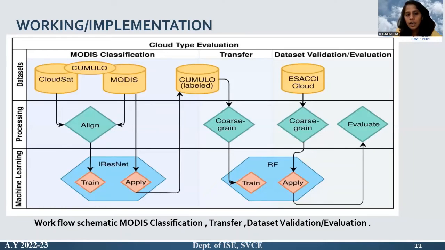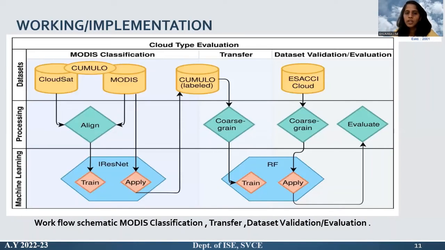After making the machine understand what kind of information came from the different data sources, this information was sent to the Cumulo data set, which is a labeled one. Before, the first Cumulo data set was unlabeled, which was the new information, and this new information was made into labels, and this labeled information was sent to the Cumulo data set.